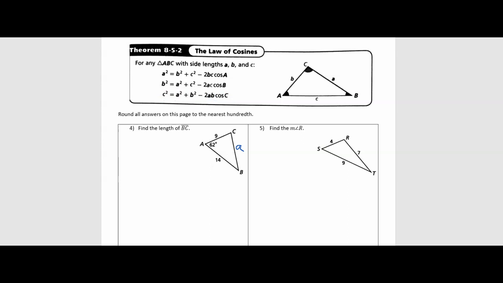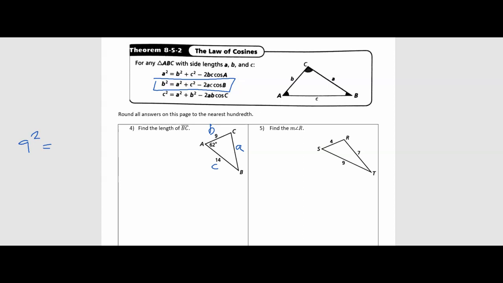So let's think about if I set it up using the second equation here. Could I do that? Well, this would be B, this would be C. So B squared would be 9 squared.